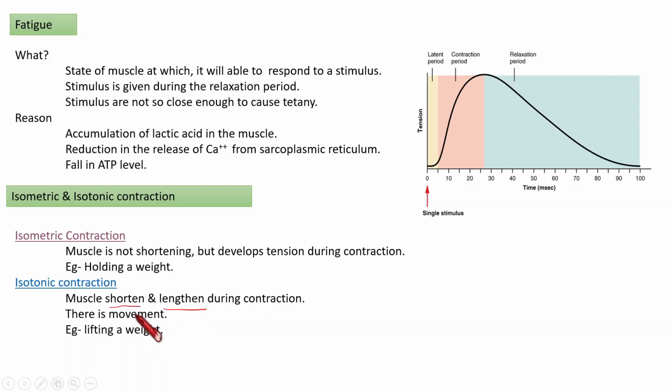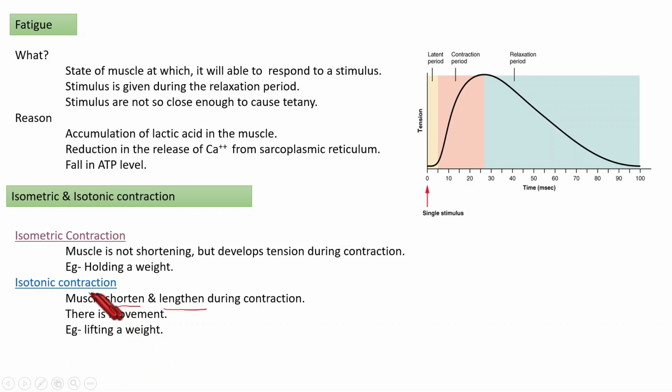And there will surely be some movement. For example, lifting some weight, or as a common example, we can imagine taking some water in a glass and bringing that glass with water towards our lips. At that time, that muscle is contracting. So that's one daily life example. And lifting a weight is also a very common example.